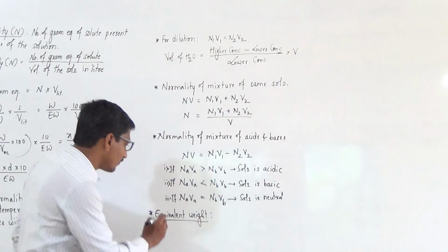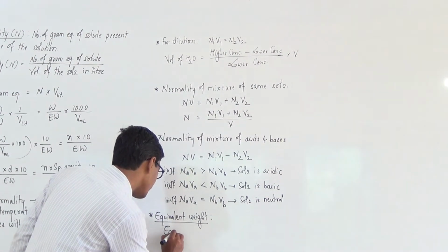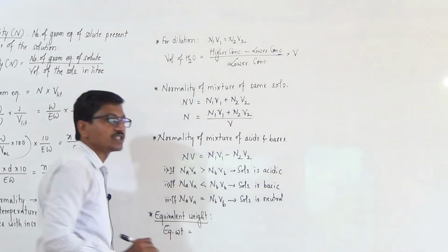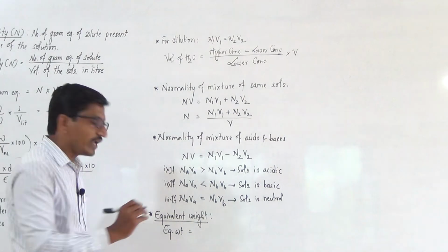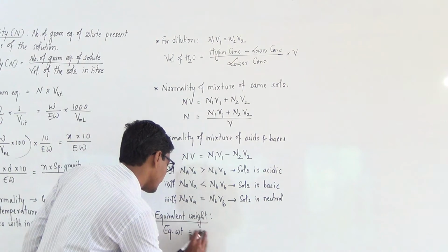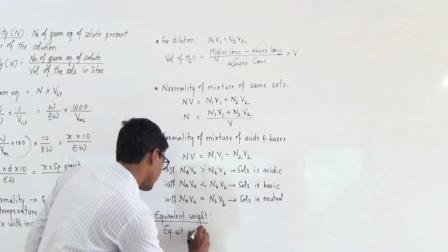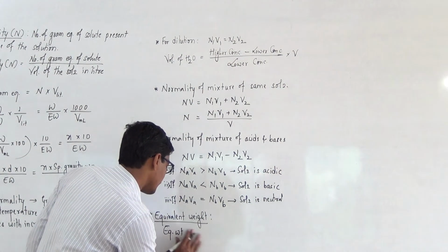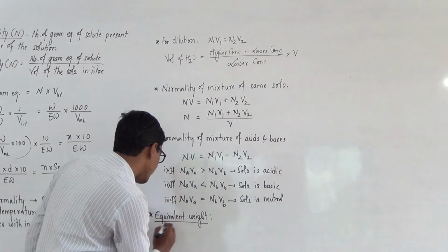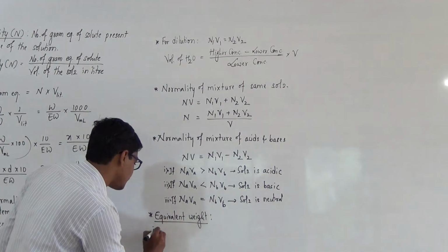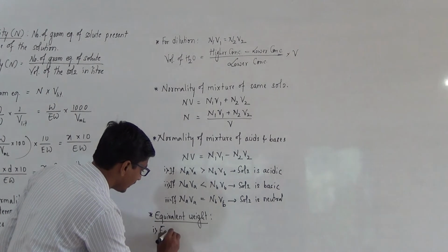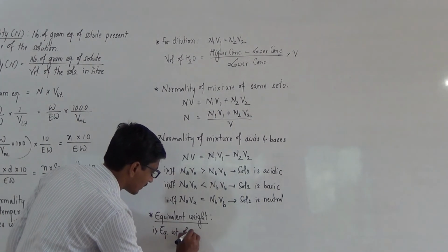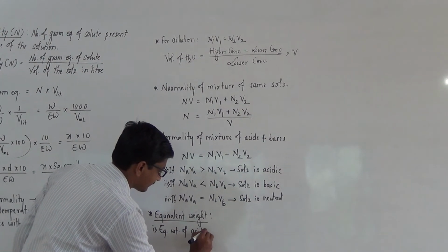And the equivalent weight of substance is calculated in different ways. First one is equivalent weight of acids.